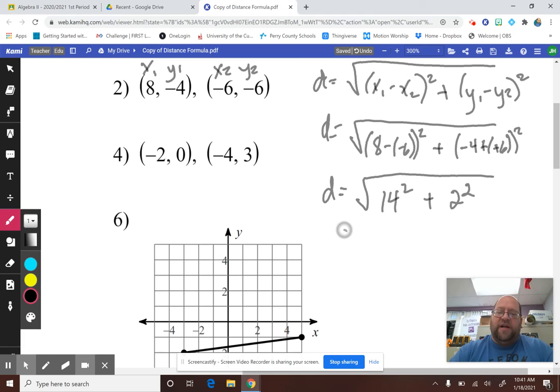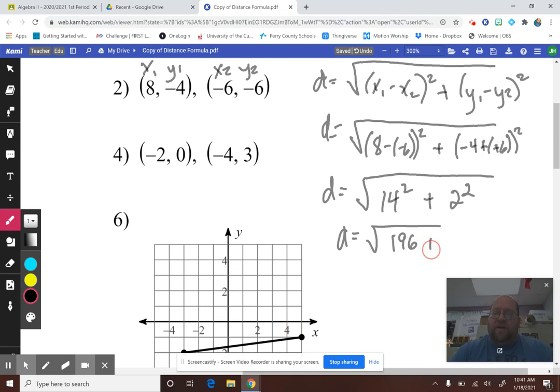Okay, we're on the home stretch. D equals the square root. 14 squared would be, let's see, I don't know that right off the top of my head either. I should know that, right? It is 196. And 2 squared would be 4. So I end up with the square root of 200.